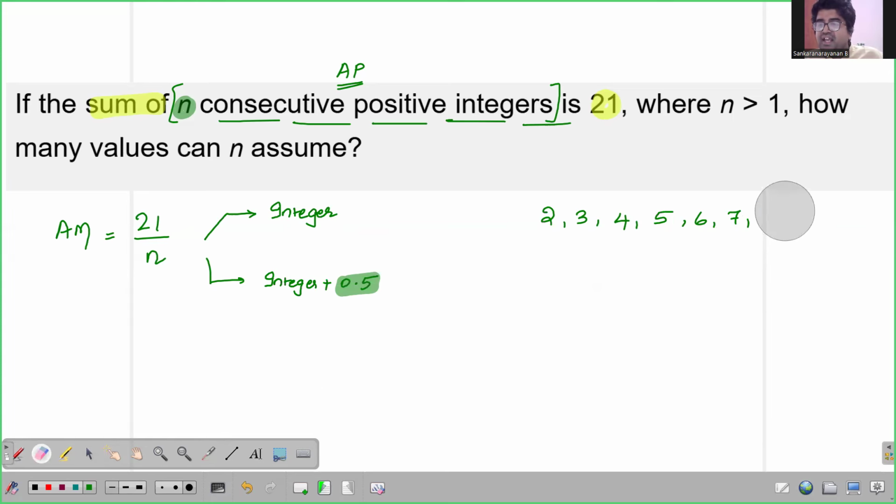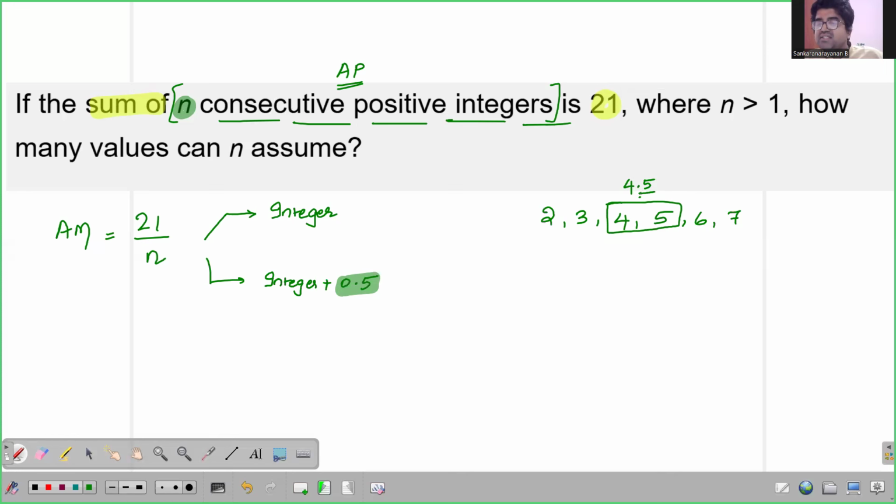Suppose I remove one number here; all the others are still consecutive. The arithmetic mean of these observations will be 4.5, because taking the mean of 4 and 5 gives 9 by 2, which is 4.5.